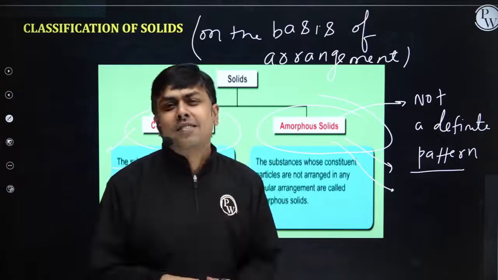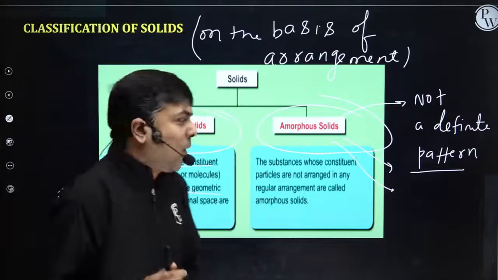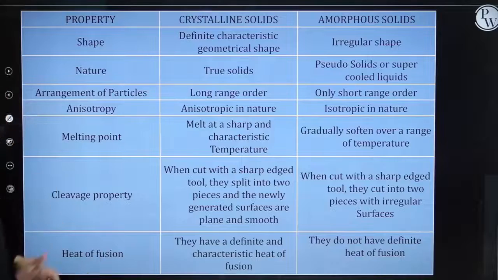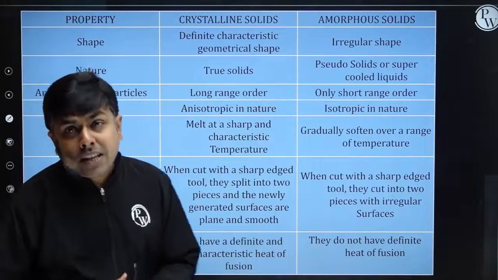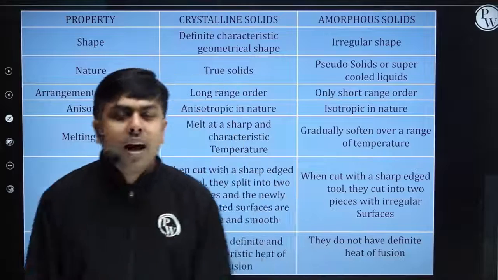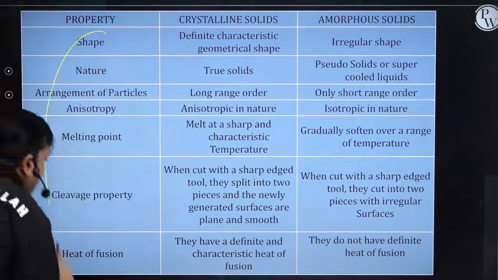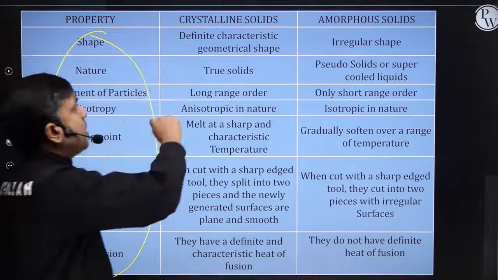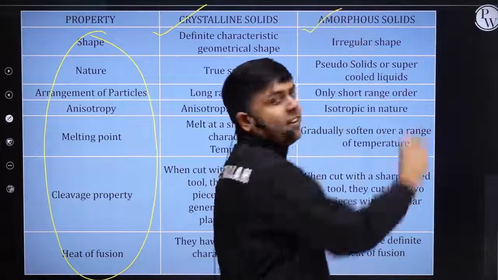Now let's discuss briefly the difference between these two solids. Students, if I talk about the difference between crystalline solids and amorphous solids, these are the properties on the basis of which we can differentiate between a crystalline solid and an amorphous solid.